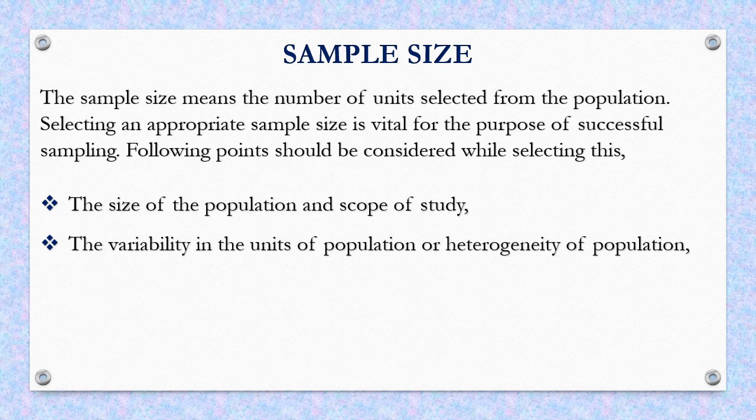But if I am selecting infants, children, teenagers, college-going students, then young jobbers, then not so young jobbers, etc., I have so many different categories in my population. That means there is huge variability in my population, and heterogeneity, that means different classes are there.